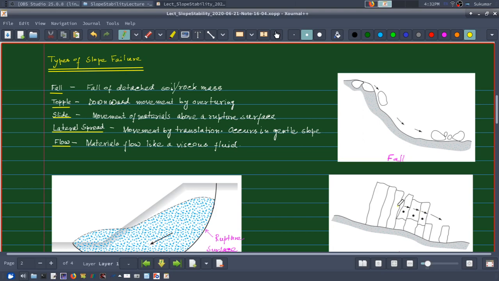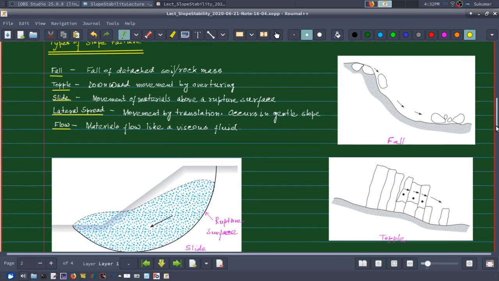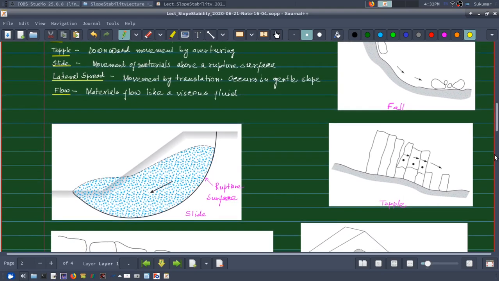Then slide is the most common type of slope failure. You are all familiar with landslides, very prevalent here in this region, particularly during monsoon. And here the movement of the slope material takes place above a failure surface, and depending on the soil conditions, geometry, hydrological conditions, the rupture surface may have different shapes and sizes, and accordingly the slide will be different in every individual case.